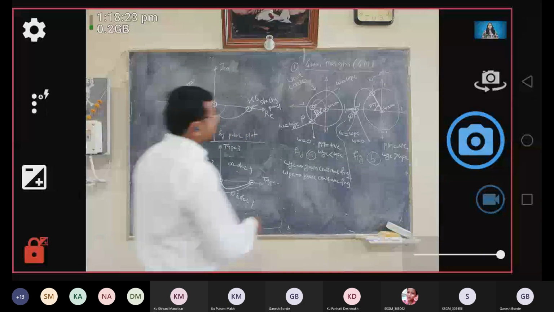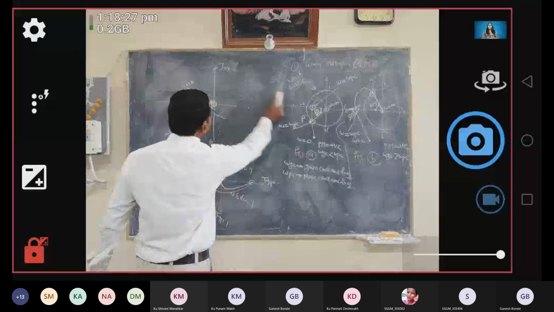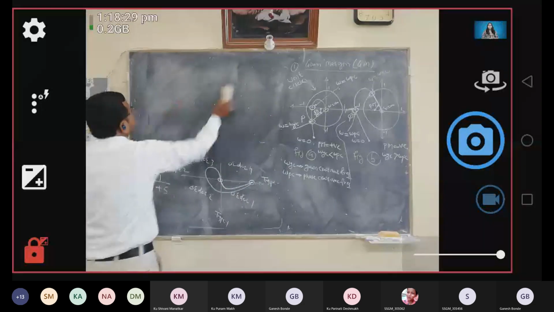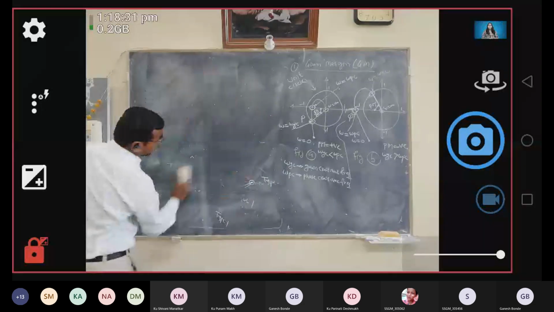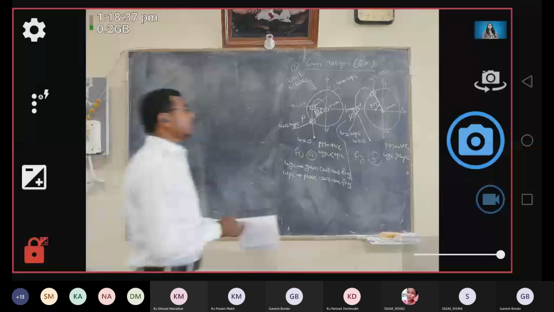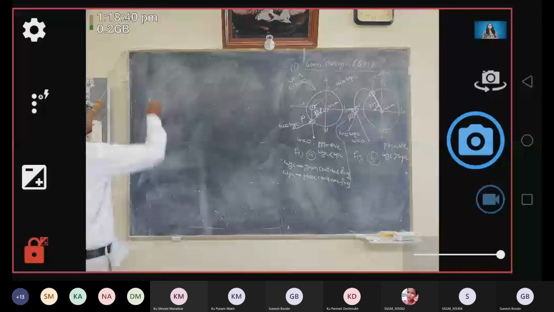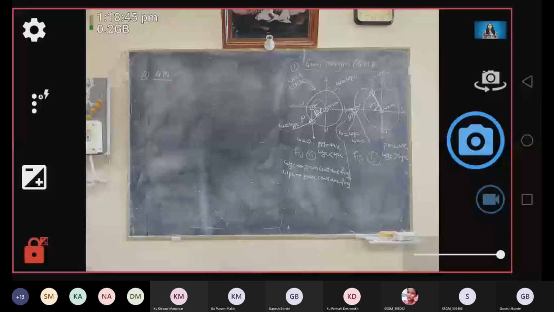So how to determine gain margin and phase margin? Phase margin we have already shown in the diagram. When you draw a polar plot on graph paper, you can directly measure it, or with the help of a formula we can calculate it. So just note down the formula for gain margin. How to determine gain margin?